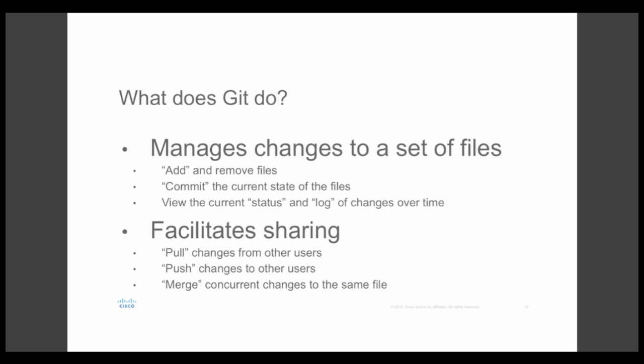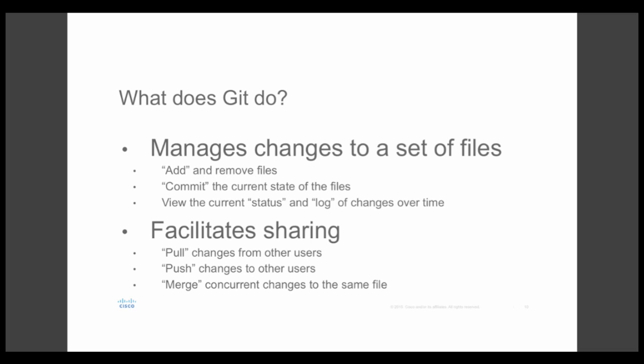Git is a version control system, so it manages a set of files and the changes that are going on to those. You can add and remove files. You can commit the current state of all your files to the repository. You can see what the current status is. You can see a log of changes over time. The main point for us is that it also facilitates sharing. You can pull changes from remote repositories and push them back.